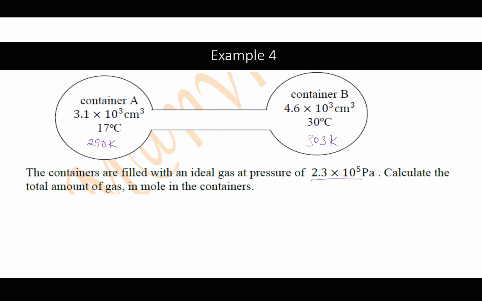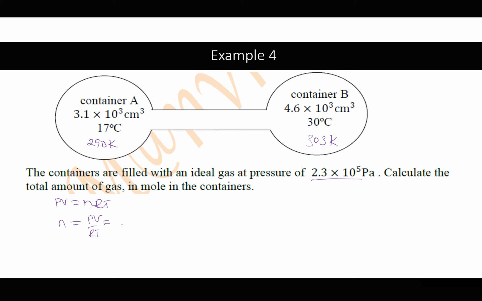So calculate the total amount of gas in moles. In other words, we want the number of moles. Remember, for an ideal gas, PV is equal to nRT. So the number of moles is going to be PV divided by RT.